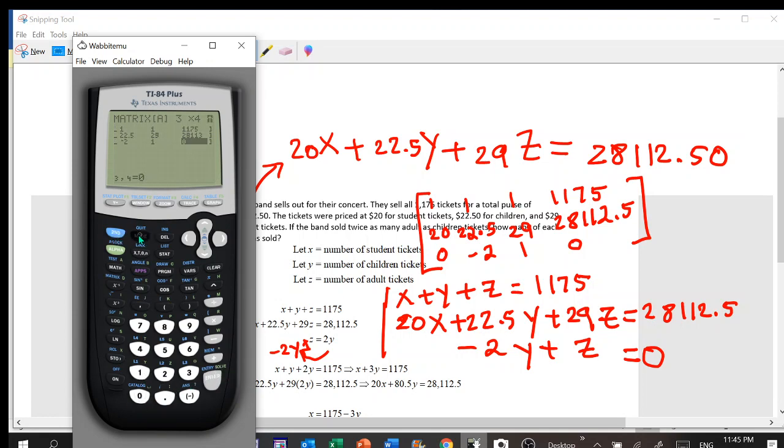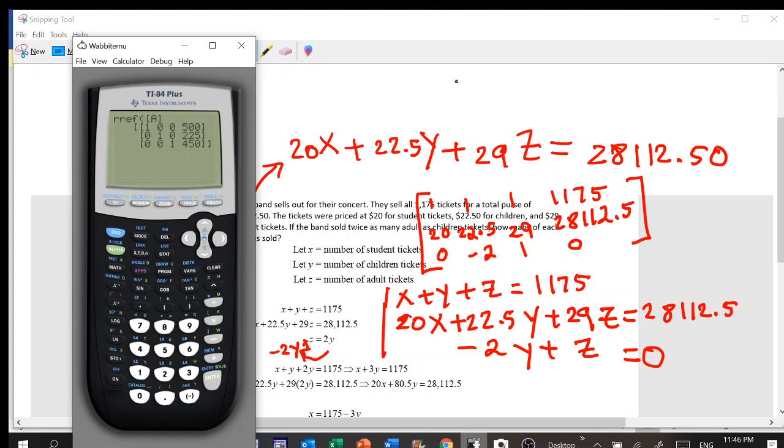There. We're going to quit, go back to matrices, math, get the RREF, go to matrix, get matrix A, enter. That's it.